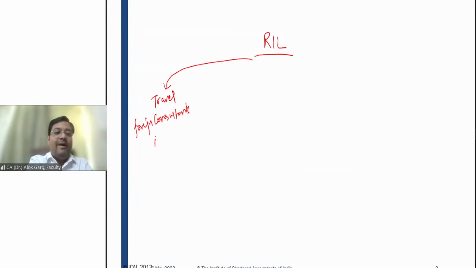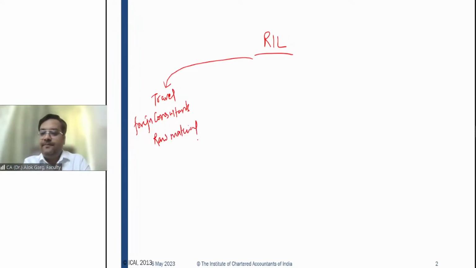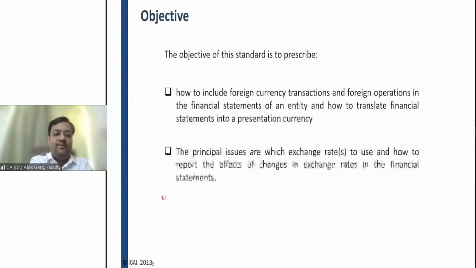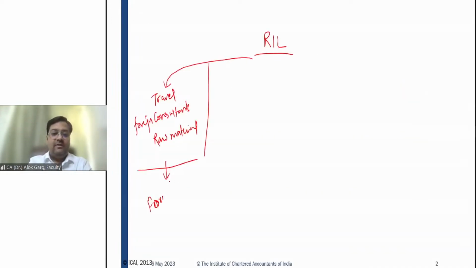They are acquiring some raw material from foreign countries, okay? So all this is known as foreign currency transactions.